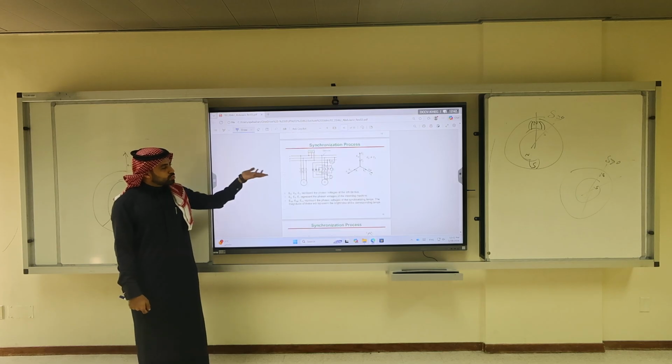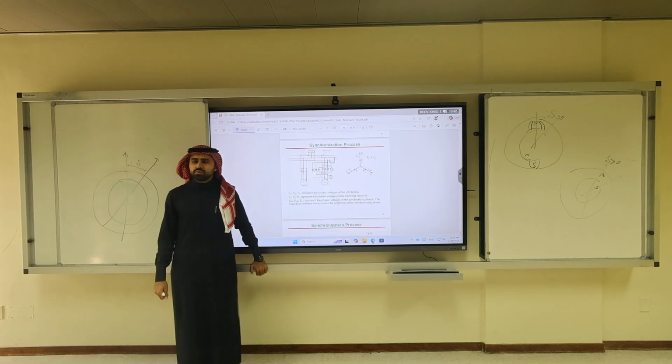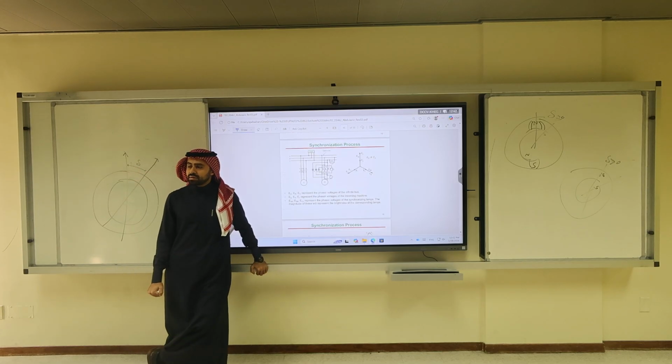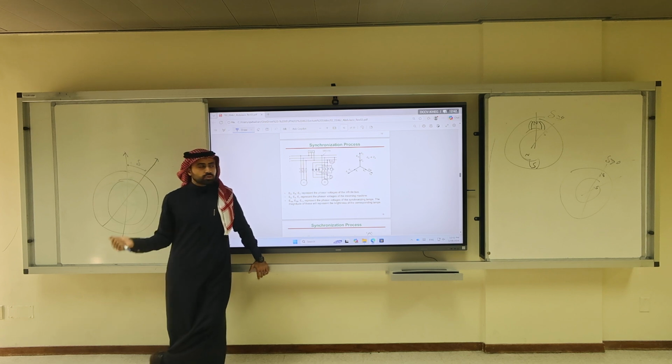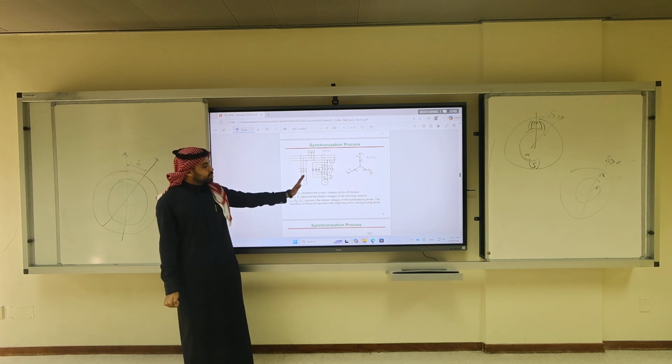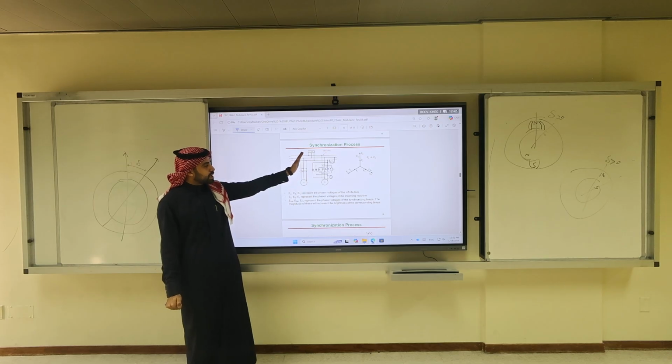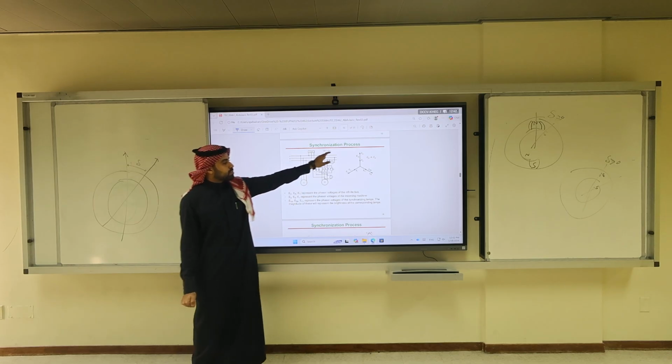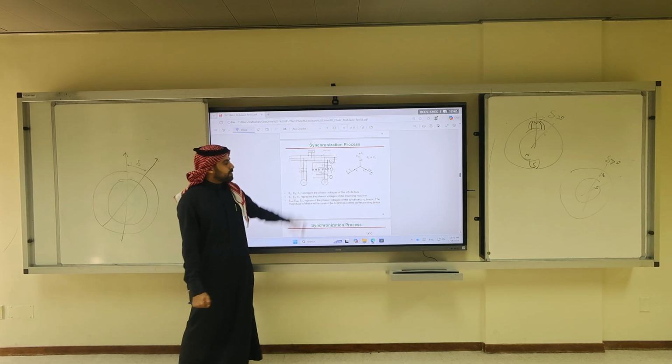And how to do this in real life? Did you do it in 361? The synchronization? No. Okay, if you're taking the lab, I think you're going to have one experiment about synchronization. So how to do it is very simple. Assume generator A is already connected to the line. Here we call it infinite bus.